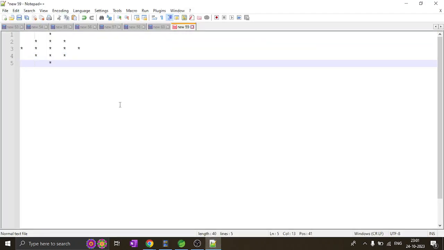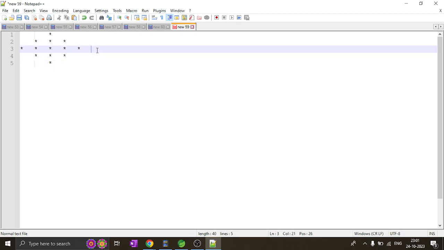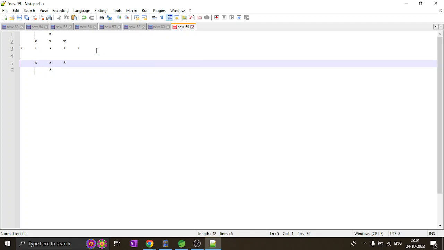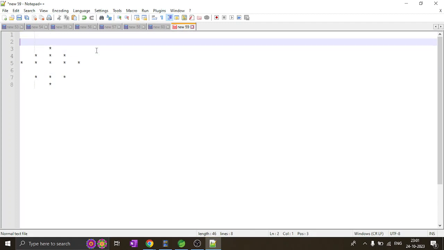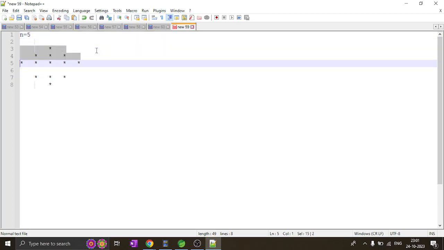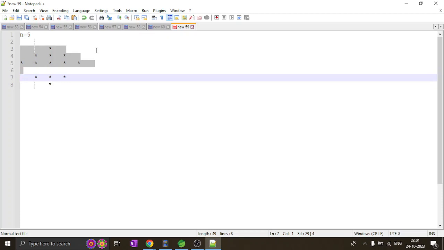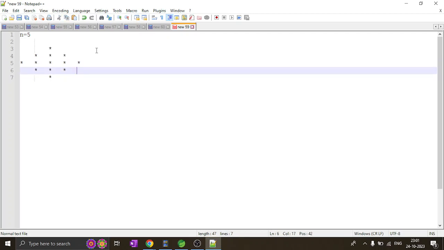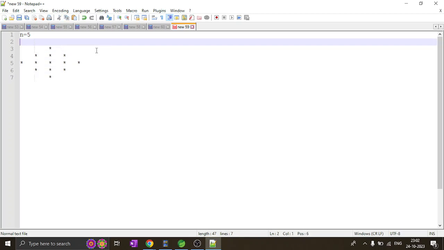So we have to print this pattern. This pattern can be divided into two parts, right? So this is for n is equals to 5. Then we have 1, 2, 3, 4. This is the fourth one, and this is the fifth, right?